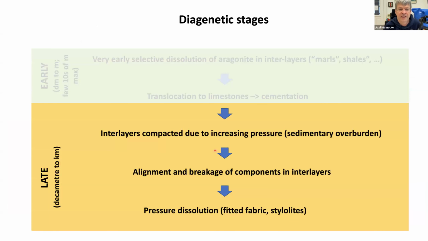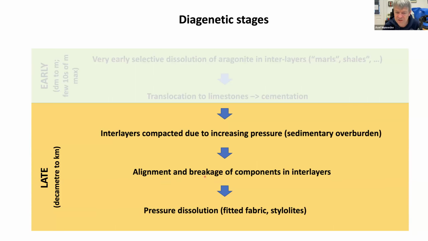So, when the aragonite fossils are dissolved and the limestones are cemented, diagenesis of course continues. And with increasing or continuing sedimentation, we get more and more pressure. The sediments go downwards. The interlayers, which are not cemented, experience more and more pressure.